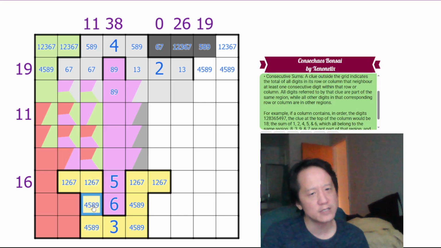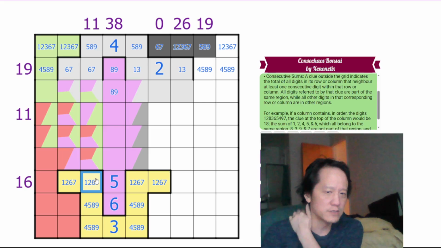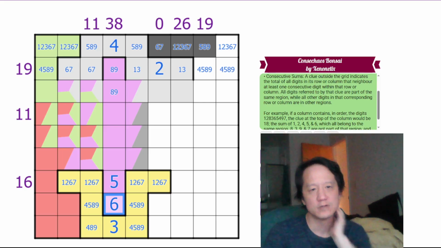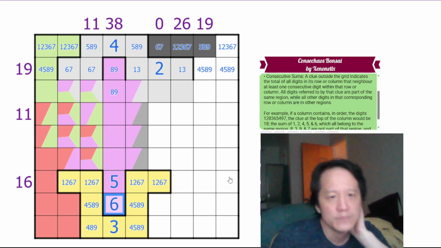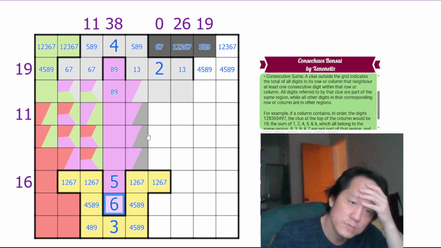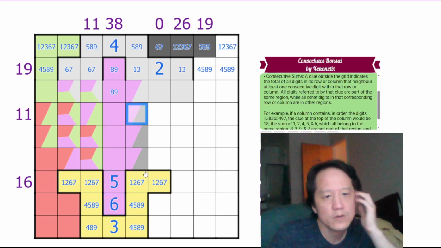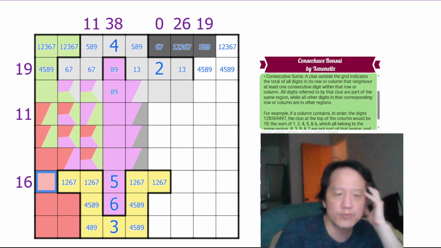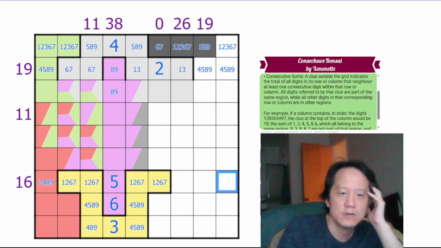Because, well, actually, this could be 5. And that could be 6. That's possible. Okay, so this can't be 5, but this could be 5 here. Huh. Interesting. Remaining digits in row 7 are 3, 4, 8, 9.